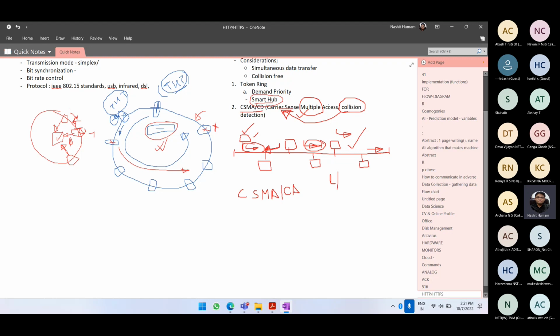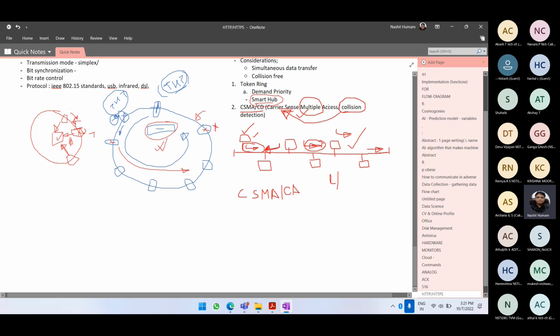Similar is my CSMA CA technology, where everything is almost the same. Once I have sensed that there is no one who is trying to transmit its data, I put a request on this network that I am going to transmit my data.